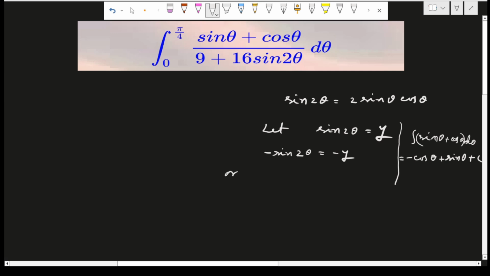Adding 1 on both sides, we write 1 as sin square theta plus cos square theta, so 1 minus 2 sin theta cos theta is equal to 1 minus y.